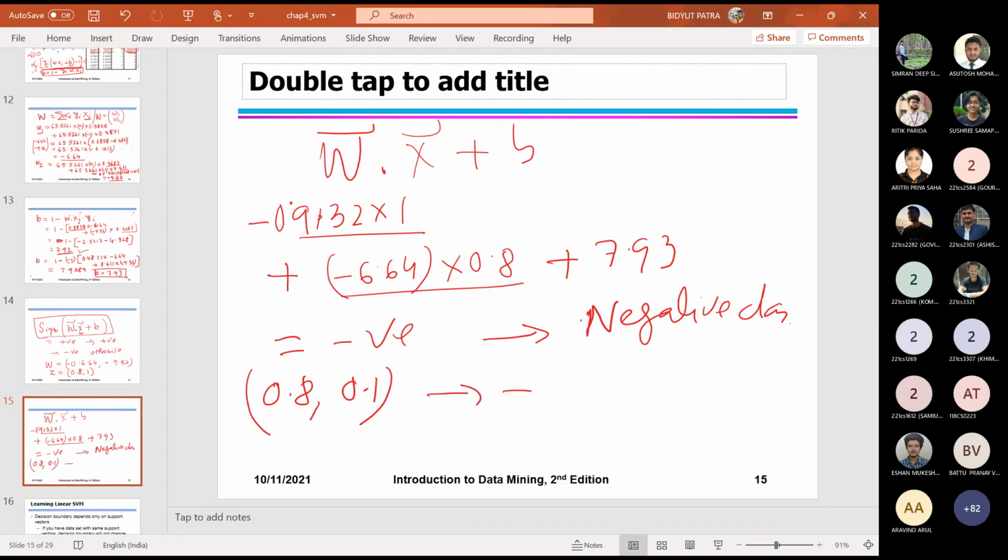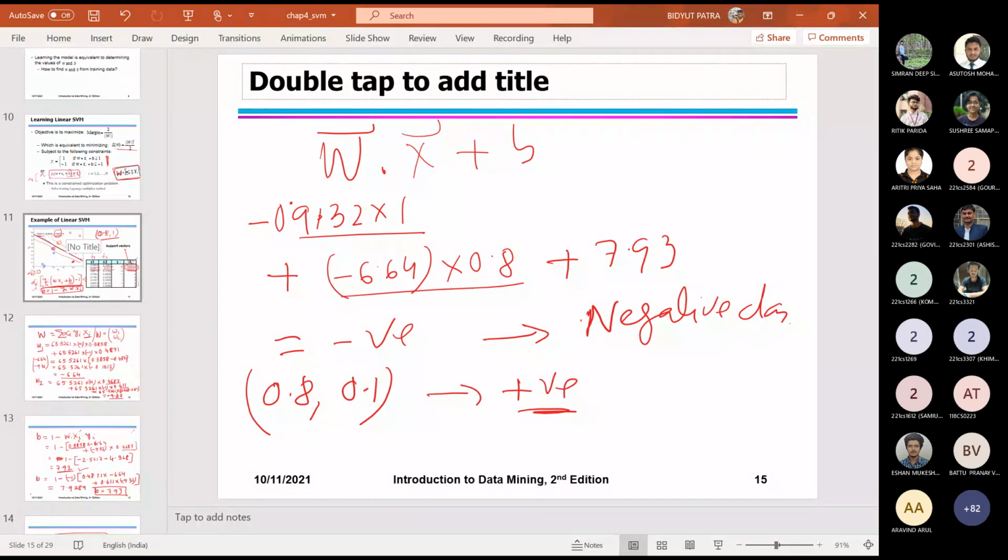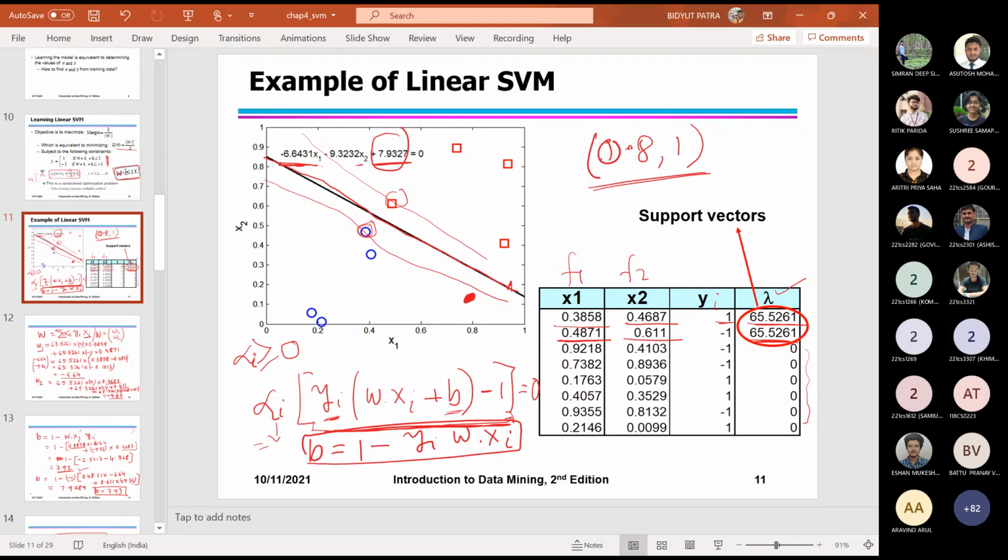Now if you go back to the equation on this slide, 0.8 and 0.1 may be one point, and another point is somewhere here. Obviously they are opposite to each other. So the circle is a negative class and this one is a positive class, right? So we can identify the class level using this.